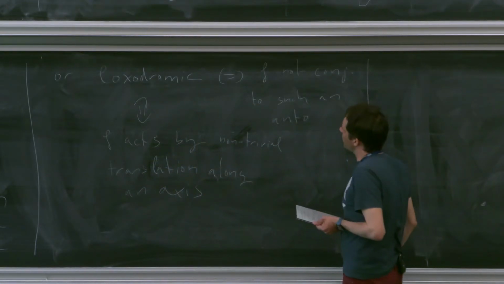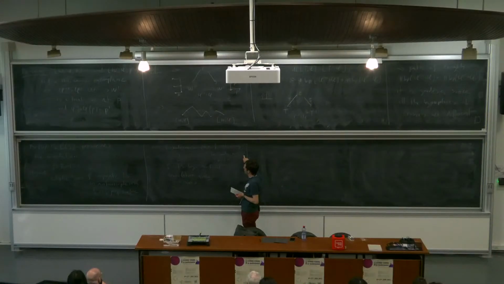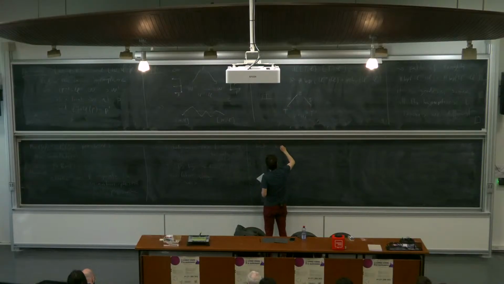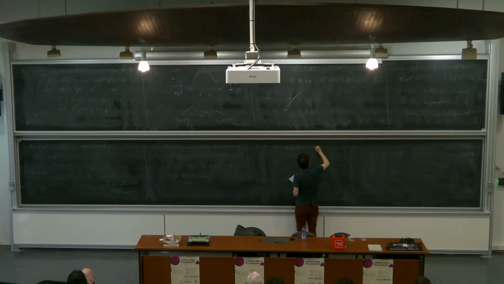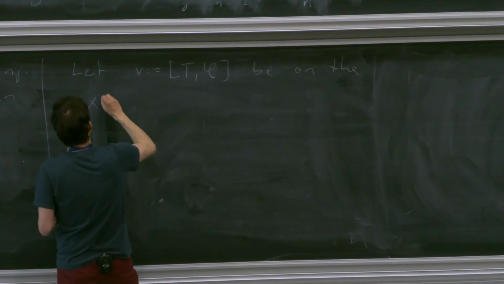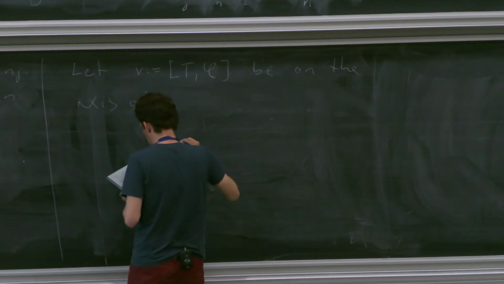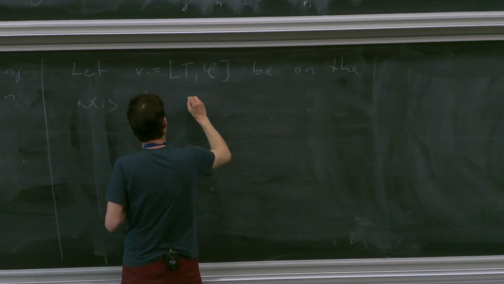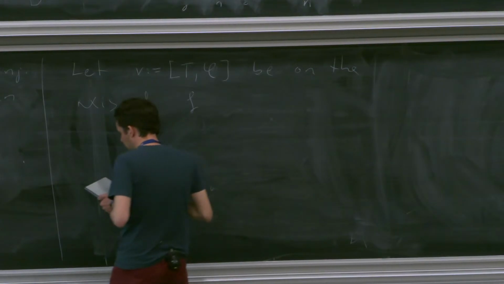Okay, and so if it's not conjugate to an automorphism, then we know there exists an axis. So let's have a look at such an axis. Let's take a vertex V that's on the axis of F.